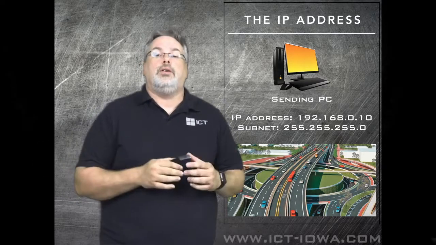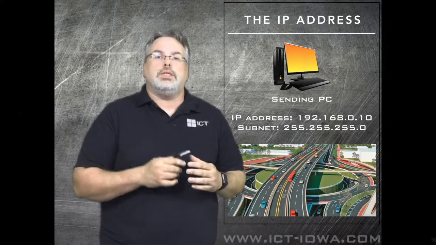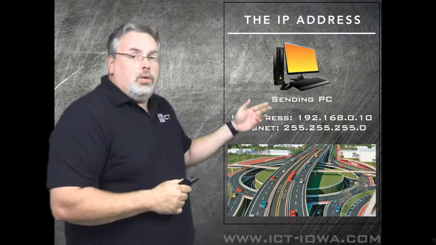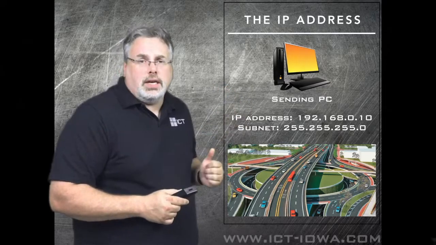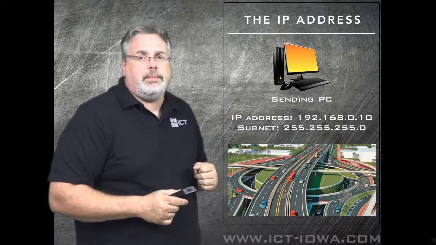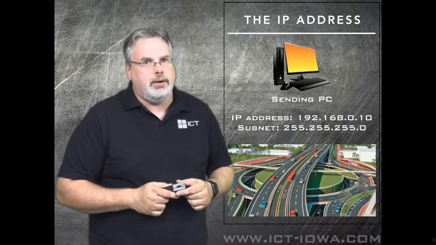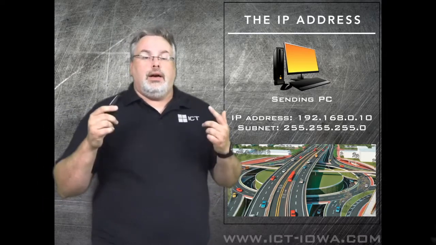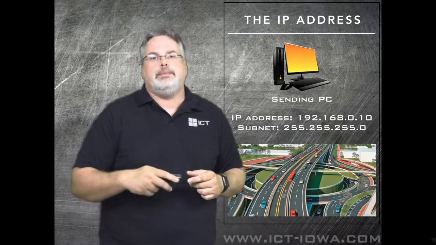But for now, we're just going to stick with the address of the sending PC that you see on the screen in front of you, which is right here, 192.168.0.10. That information needs to make it onto the superhighway. Once it makes it onto the internet, it has to be received on the other side.